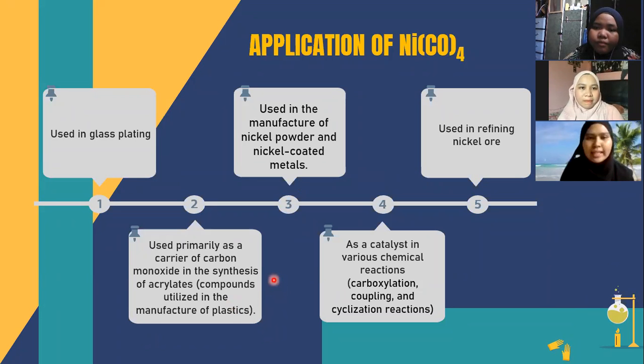It is also used in the manufacture of nickel powder and nickel coated metals. This is the most important one: it is used as a catalyst in various chemical reactions, such as carboxylation, coupling, and cyclization reactions. And lastly, it is used in refining nickel ore.